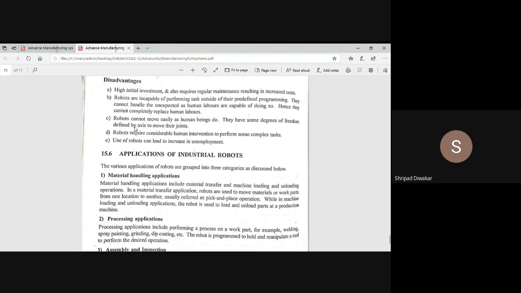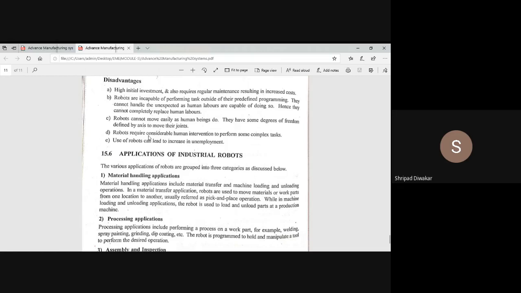And the last and most important disadvantage is that the use of robots can lead to an increase in unemployment. It leads to unemployment for skilled workers. Those workers who are very skilled in machining will definitely lose their jobs because of the usage of robots.